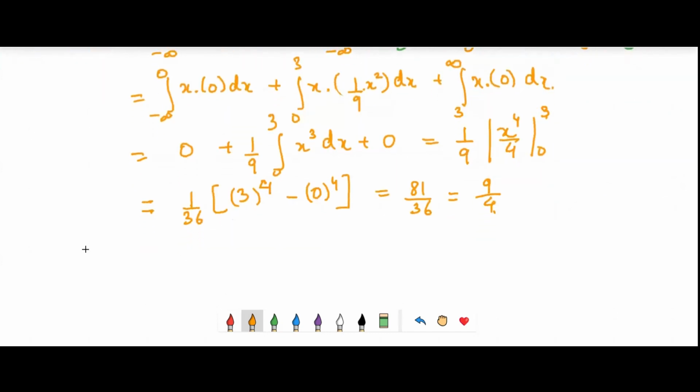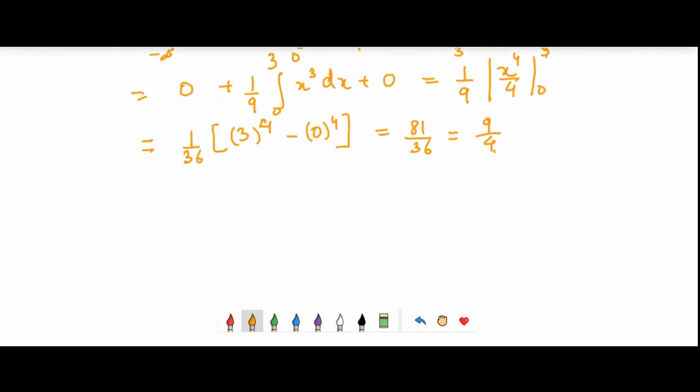Now we have the last part in which we need to find out the probability of x greater than 1. This means you need to find out the probability from the range 1 up till infinity. So this would be given by this formula.